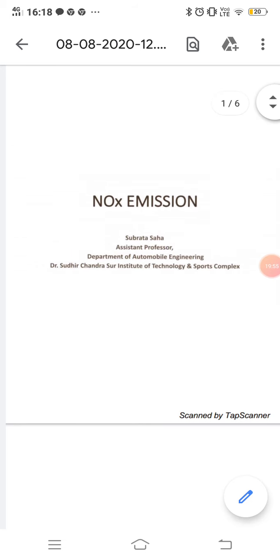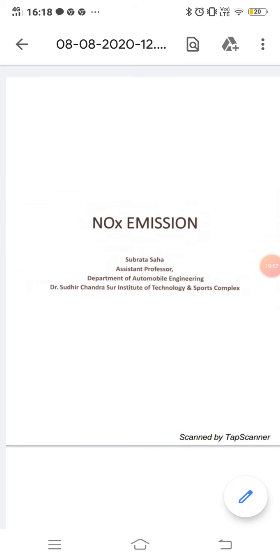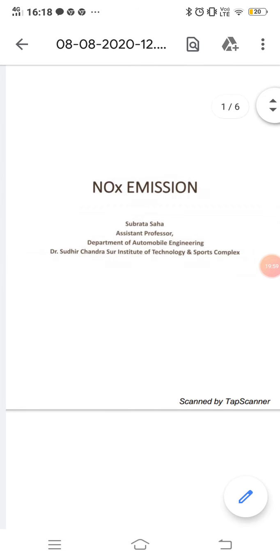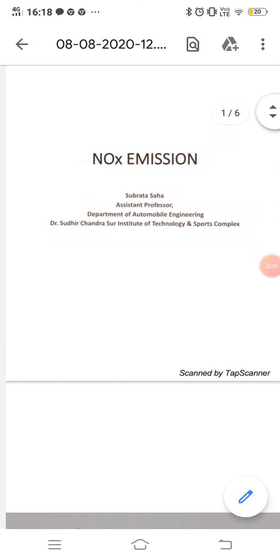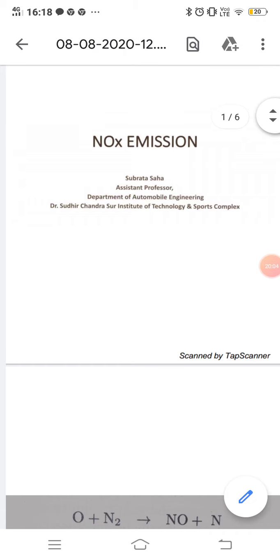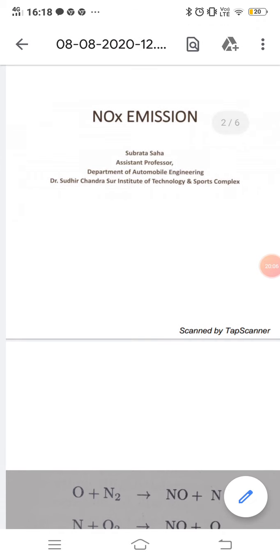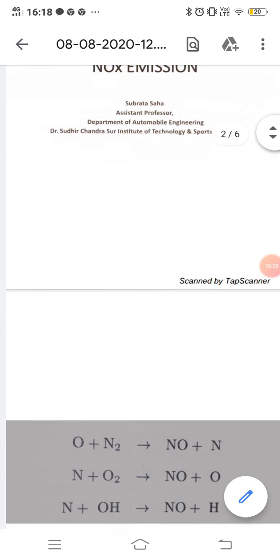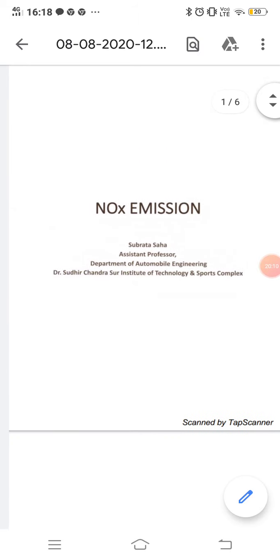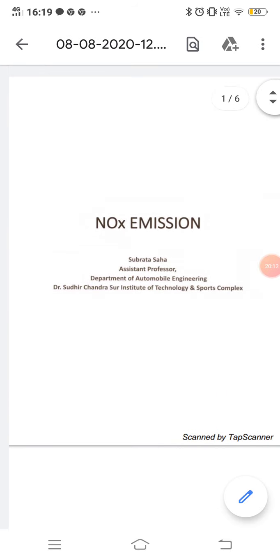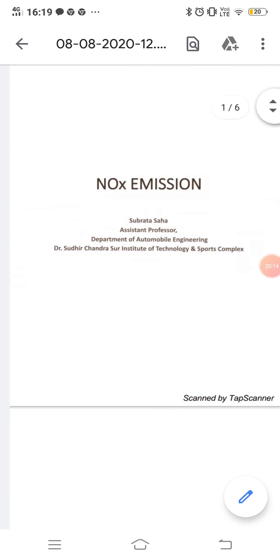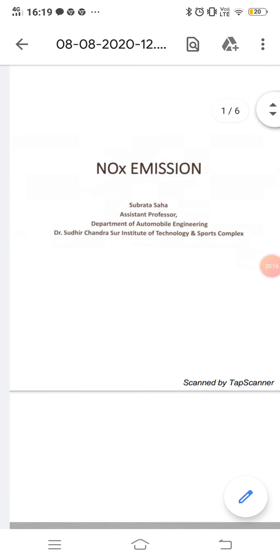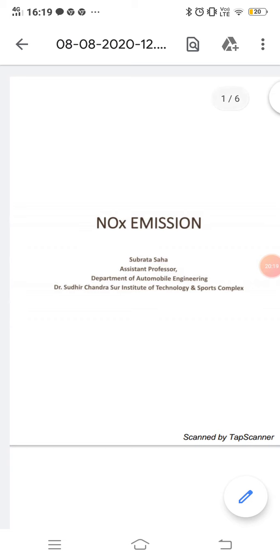If we decrease the peak combustion temperature, as we know, it reduces the NOx emission. So in BS4, to reduce NOx emissions, some companies are using exhaust gas recirculation, some companies are using SCR, or selective catalytic reduction.